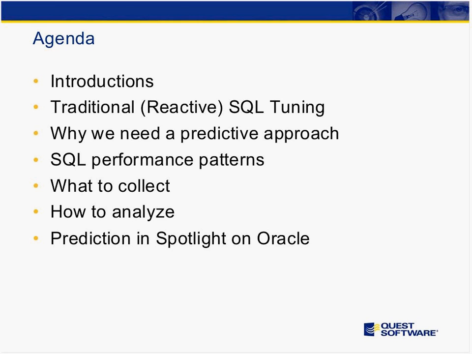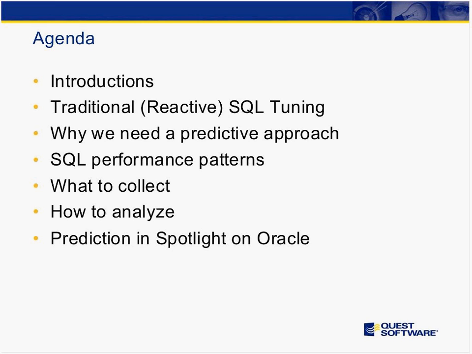The first thing to cover is what DBAs currently do in today's environment to tune SQL. It's the approach that we've used with our tools and most of our competitors use as well. It's primarily a reactive approach to diagnosing problems and resolving them as quickly as possible. We'll talk about why that's not sufficient today and why we need to do something differently.